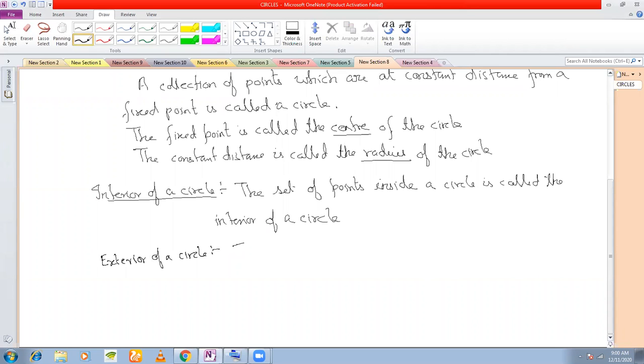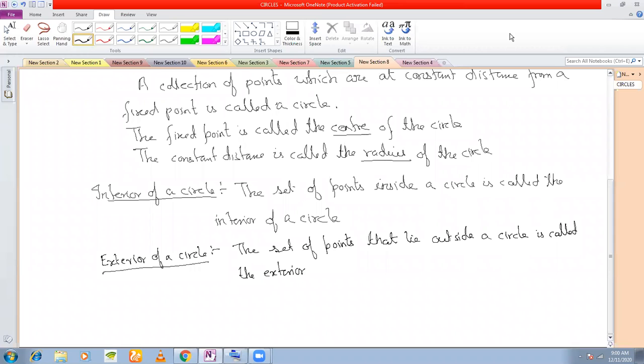The set of points that lie outside a circle is called the exterior of a circle.